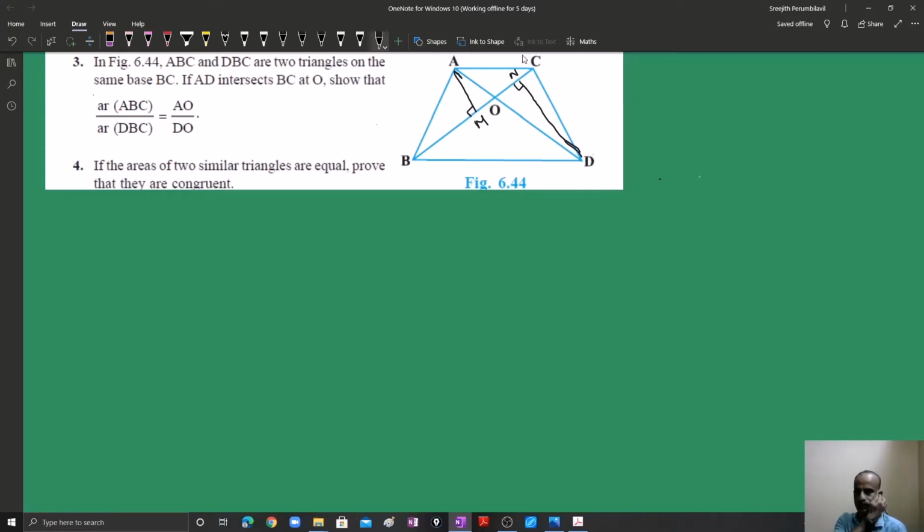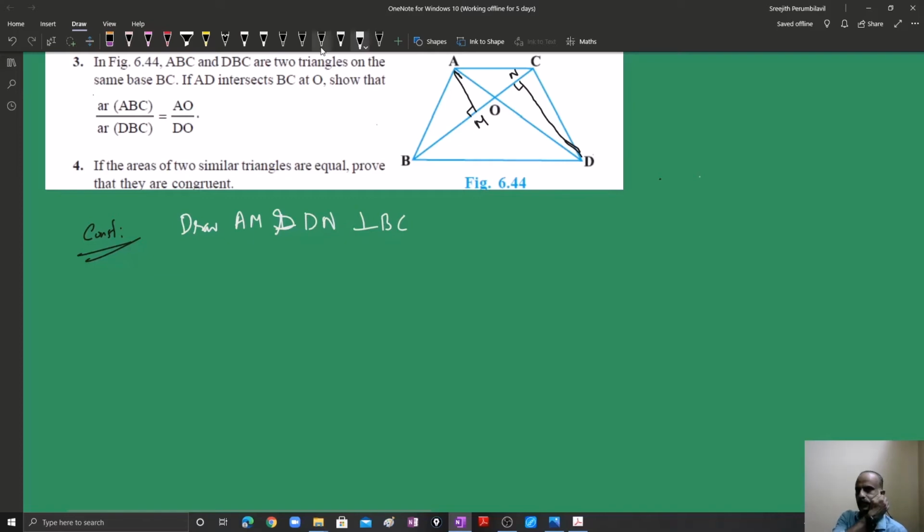So the construction part in question number 3 is, you write the given part and also the construction part. What is that? Draw AM perpendicular to BC and DN perpendicular to BC.